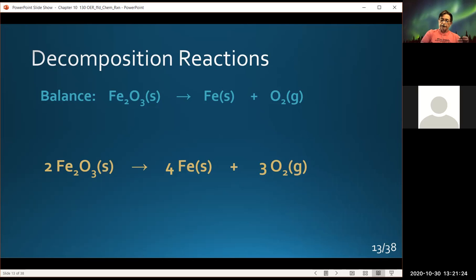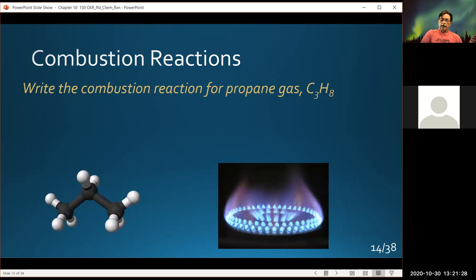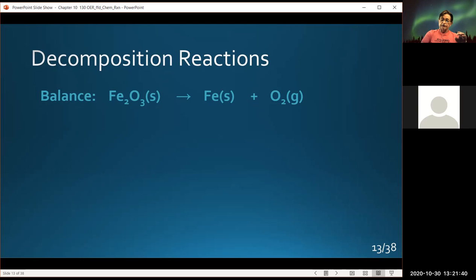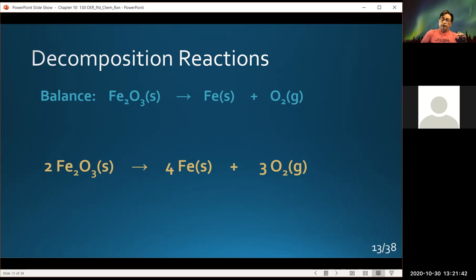Okay, that one is a balanced chemical reaction. Now, with respect to balancing the combination reactions and the decomposition reactions, generally it's a trial and error process.